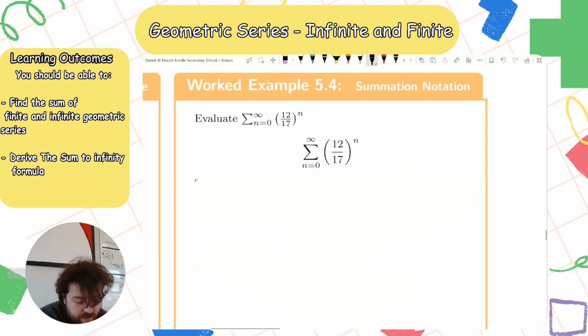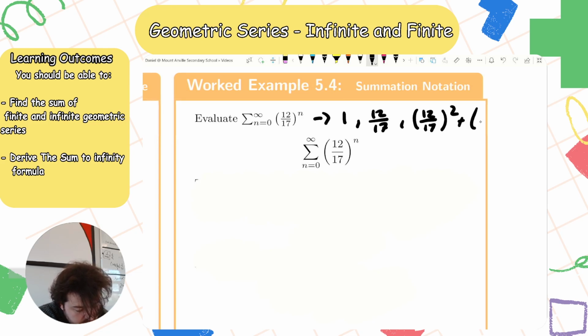What about if I have summation notation? So I'm looking for the sum of this function here from n equals 0 up to infinity. Let's write out a few terms here. My first term is going to be 1. My next term is going to be 12 over 17. My next one then is going to be 12 over 17 squared, plus 12 over 17 cubed, and it goes on forever and ever.